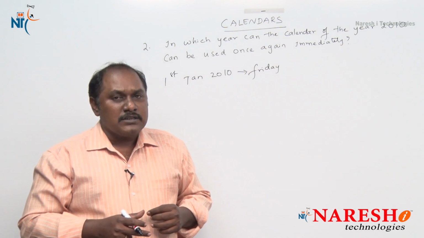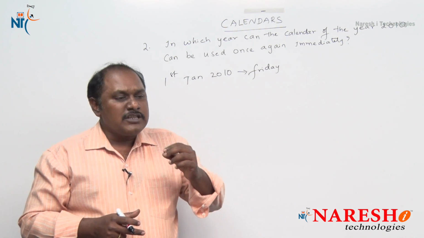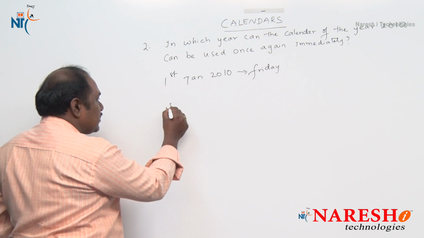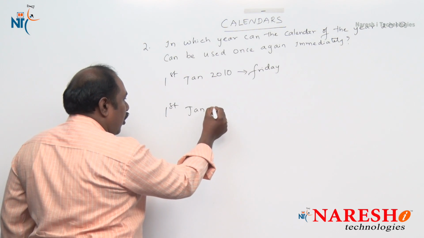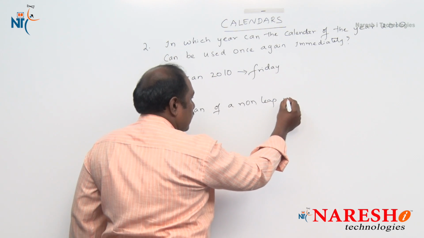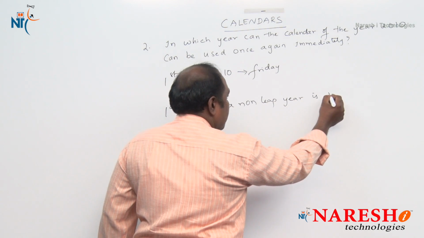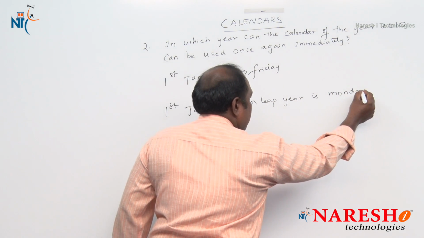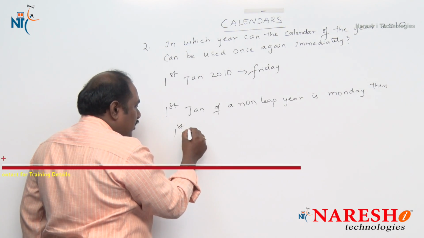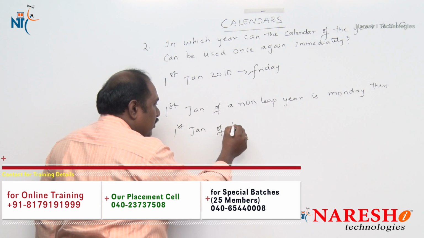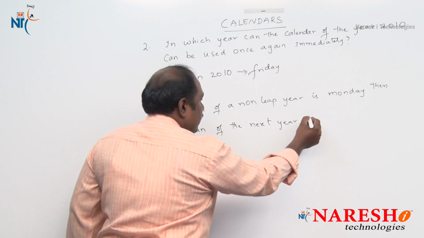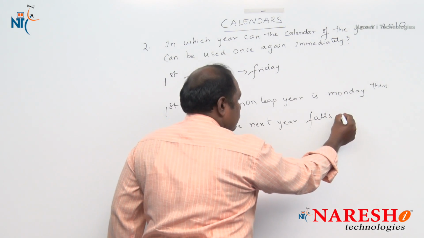To tell the answer for this, one small basic point: if 1st January of a non-leap year is Monday, then 1st January of the next year falls on what day?